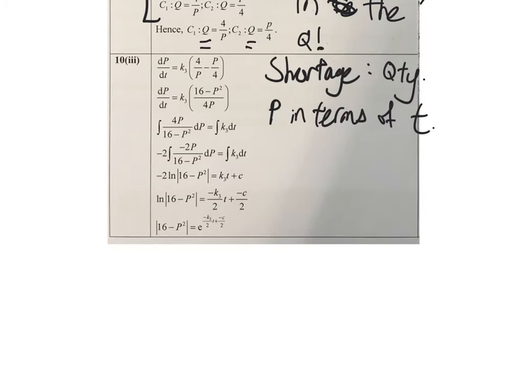I have dP/dt, since the rate of change of P after t months is directly proportional to the quantity of rice in shortage.